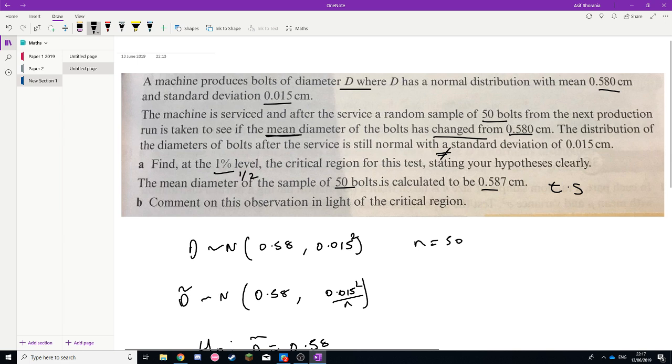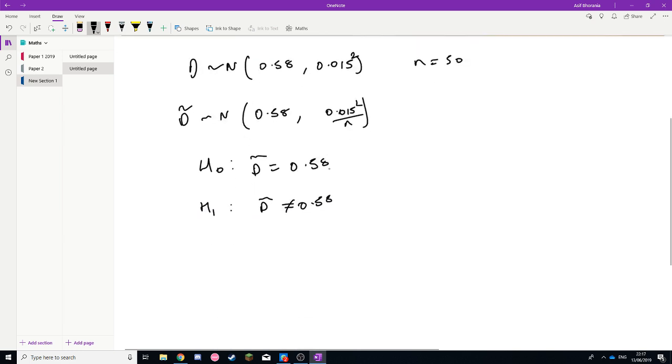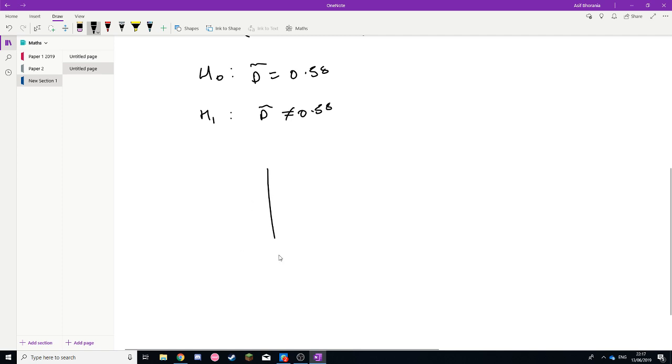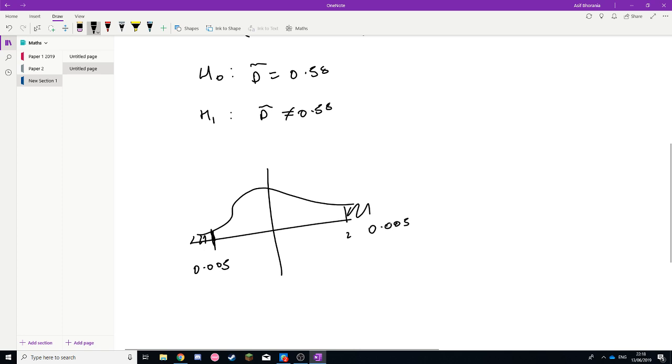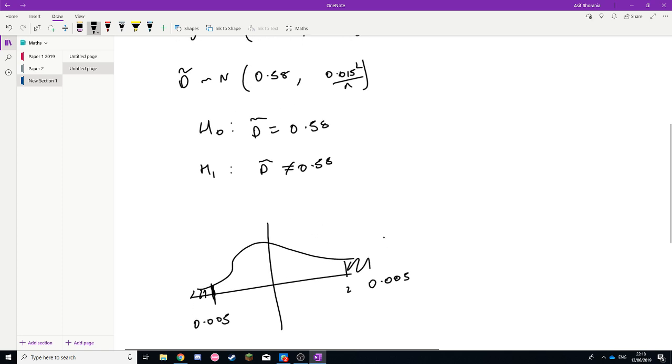Half is calculated to be 0.005. Now get your calculator out, and what we're trying to work out is the value of d such that this area is 0.005, and the value for which this area is 0.005.